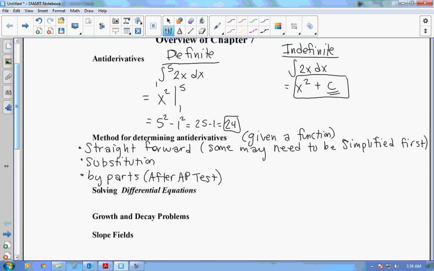I'm thinking after the AP test too, we'll have one day where we have a panel of professionals who use calculus in their everyday life. I was talking to a friend of mine who's a pilot. He was like, I never knew how useful calculus was until I went to flight school.